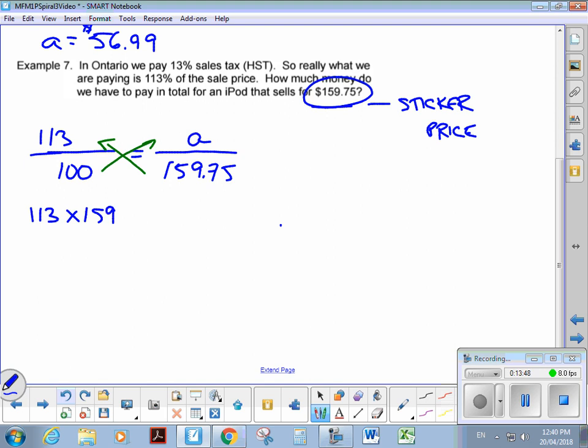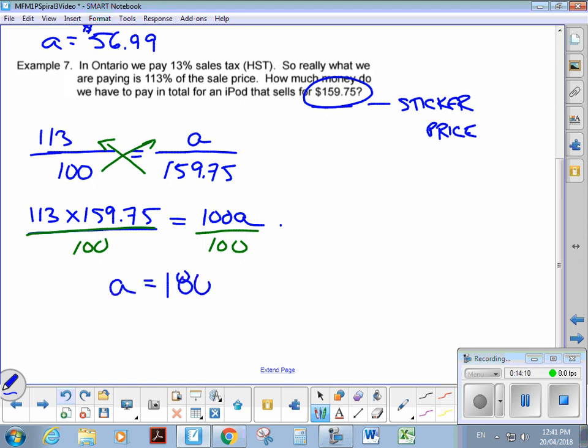If I take that price, multiply it by the 113, and divide by 100, it tells me exactly what to calculate. 159.75 times 113 divided by 100. So at the till, when the cashier tells me what I owe after taxes, it'll be 182.